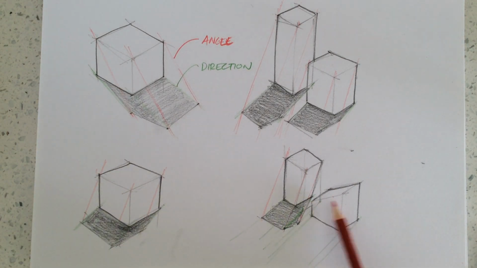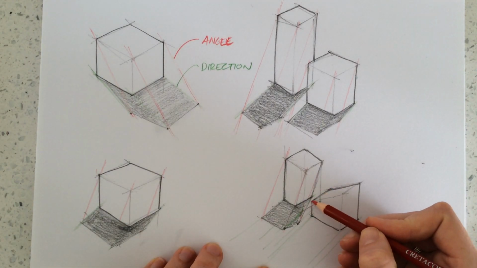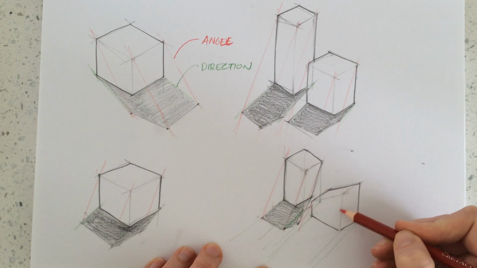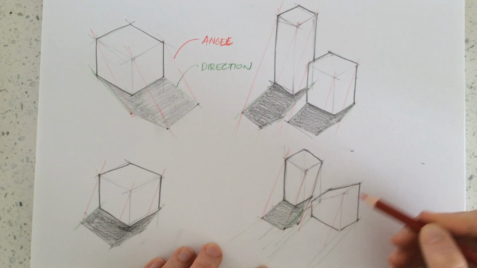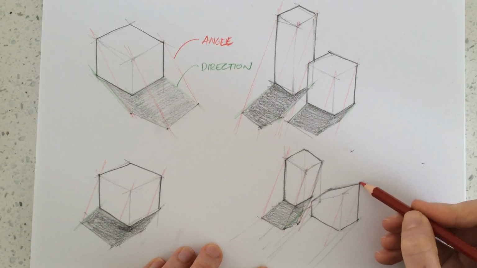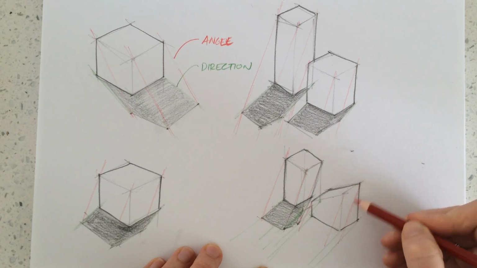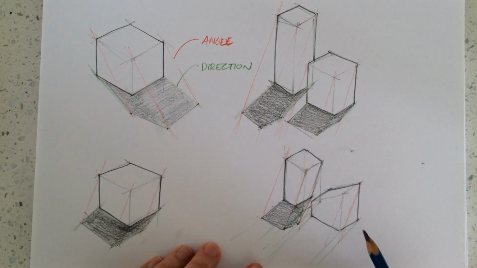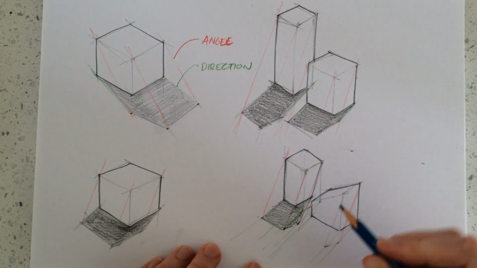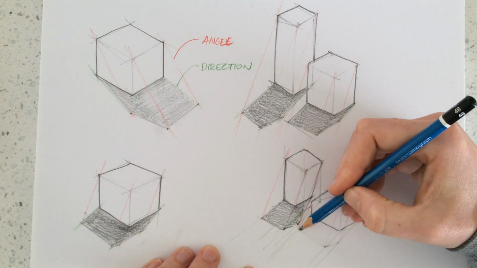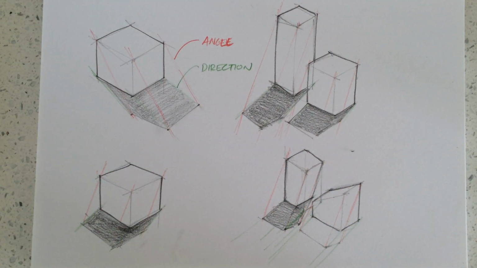Let's do that with an angled top surface. So we've got our angle set out for the light shining down. Remember, they need to be parallel where they intersect. You join them up. So what should be happening is this subtly gets a bit shorter and this one is a bit longer.